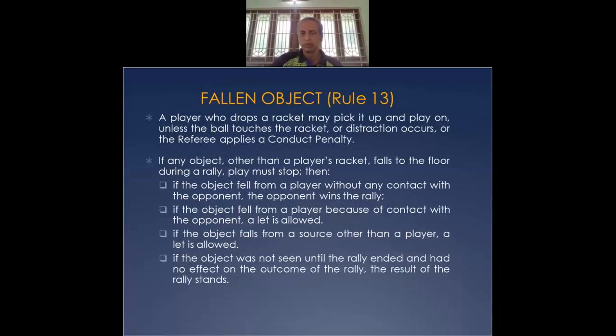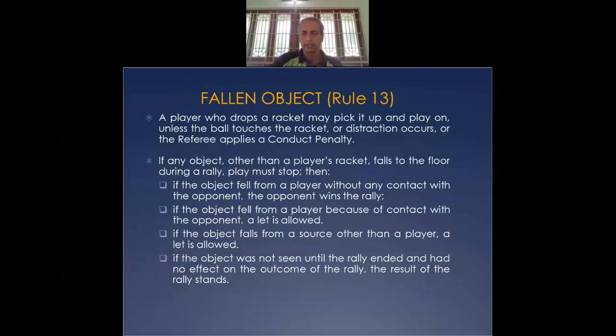The fallen object appeal has to be made immediately. If the object has been sighted while the rally is continuing, you can stop, not after the end of the rally. Once the rally has ended, and then the referee or the player sees an object, the result of the rally stands.